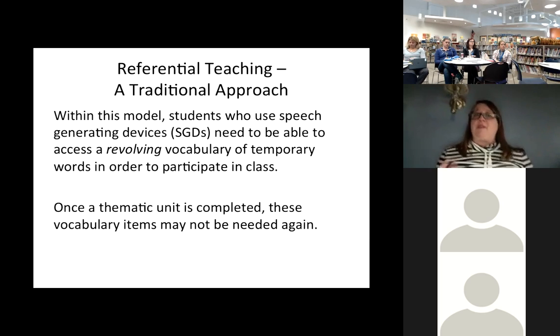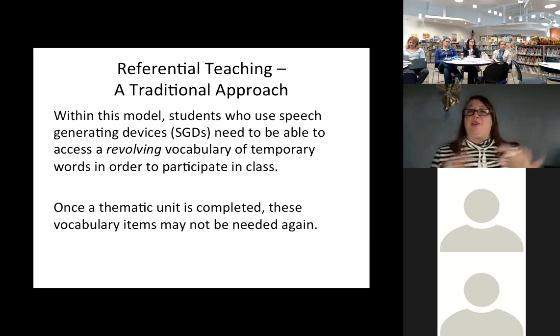But what happens when we're using a referential teaching approach is students have to access what we call temporary words. Caroline Musselwhite, who is a speech pathologist in Arizona who does a lot with AAC, refers to them as words that float down from heaven and then they float back up. And once a unit is completed, we don't necessarily need those words again.